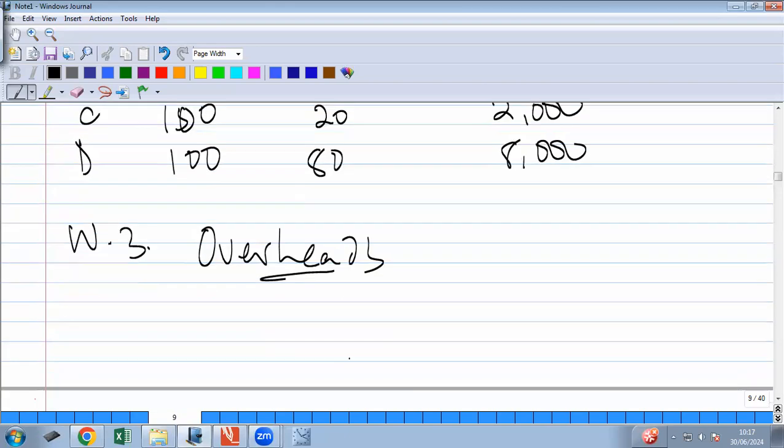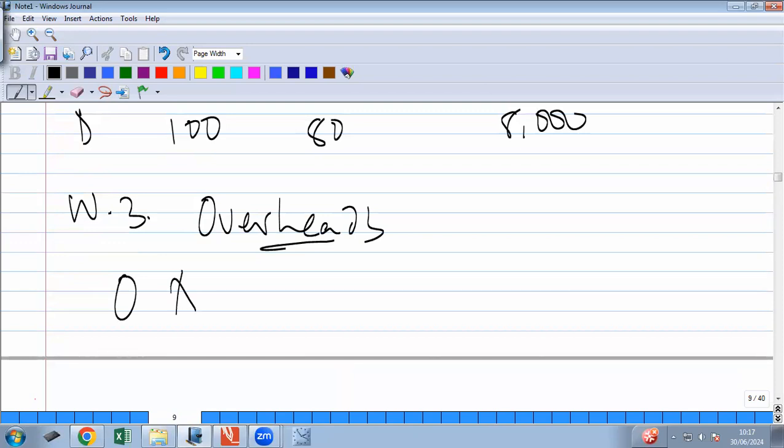Overheads, what we need, number 1, is for us to compute the overhead absorption rate, which is equal to... Whether you are dealing with ABC or absorption costing, you need to have this overhead absorption rate, unless the examiner has given you. Sometimes they can give you, but in an exam setting we know you have to compute it. You read the paper, they have given you.